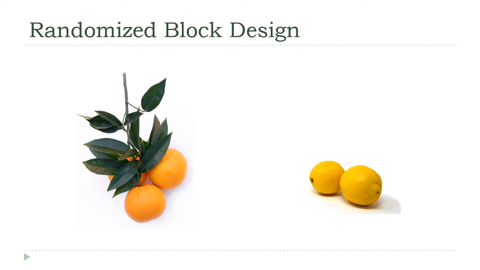So when you know that your population breaks down into categories that are somehow possibly relevant to your study, those categories become the blocks. You want to make sure that you're sampling from all of the relevant blocks when you're forming your sample.